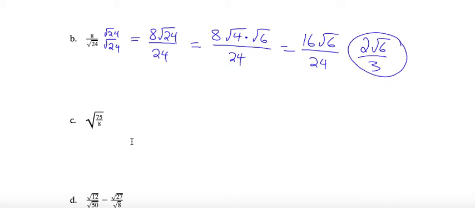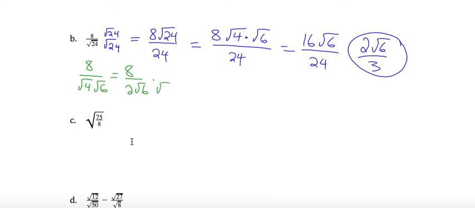I'm going to show you the other path that you could have taken as well. You could have simplified the square root of 24 right away by changing it to 4 times 6, and then making it 8 over 2 root 6. Now you could simplify the 8 and the 2 there. If it were me, I would just get rid of the square root of 6. You don't have to multiply by the 2.